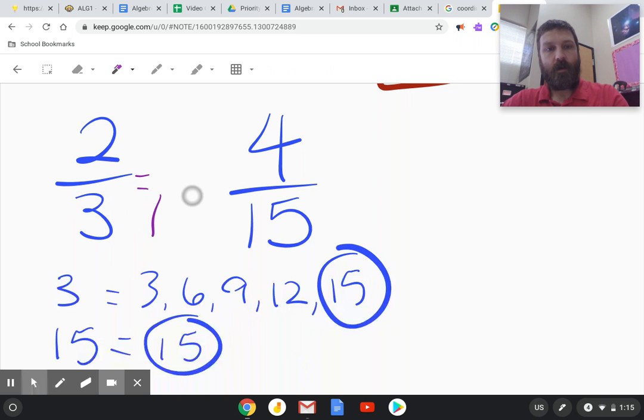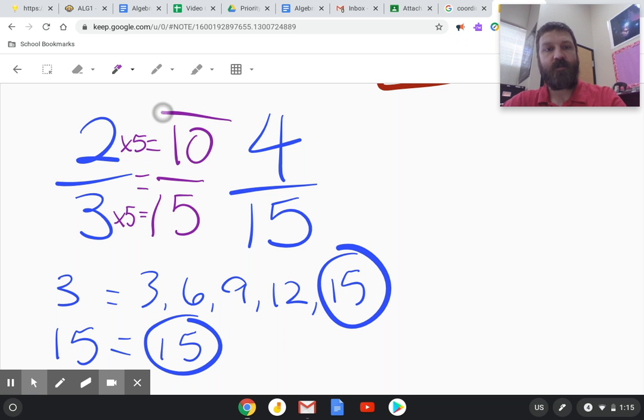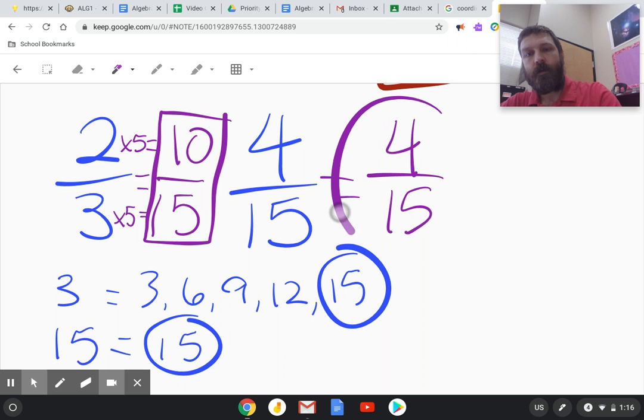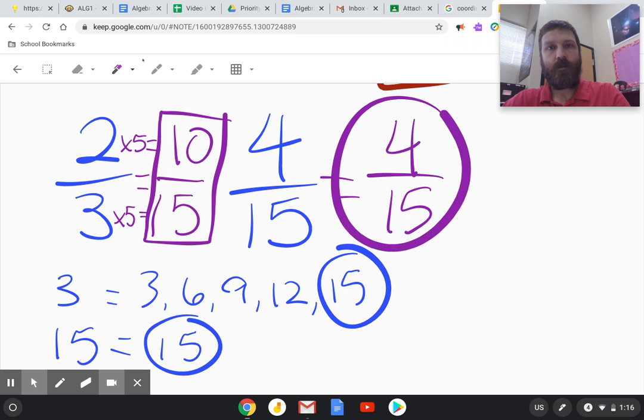Well, I know the denominator is going to be 15. And the question I have to ask is, what did I multiply 3 by to get to 15? Well, I multiply it times 5. So then I do the same thing to 2, and I get the top of my fraction. So this is what we call the equivalent fraction with the denominator of 15. Obviously, 4/15 doesn't need to be changed at all. It's already ready to go.